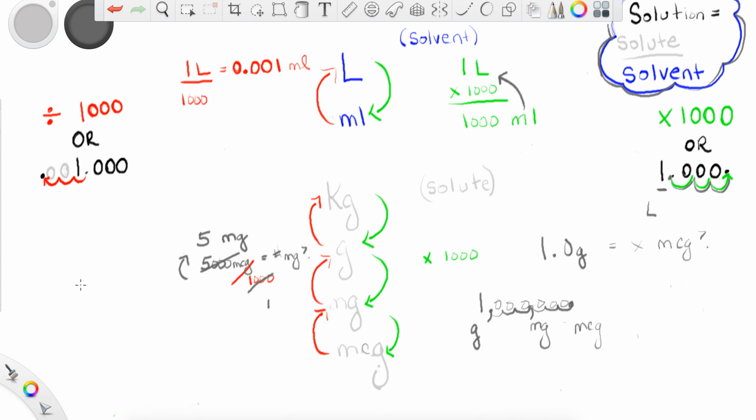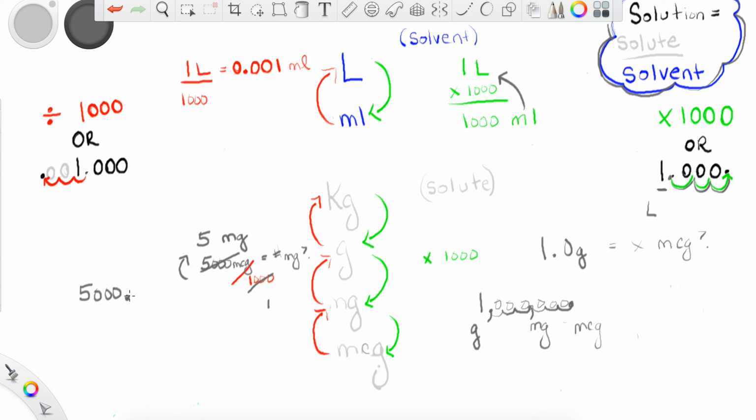Or we could simply take 5,000 micrograms, and then move the decimal in the opposite direction. If we don't want to do the dividing, we just move the decimal point.